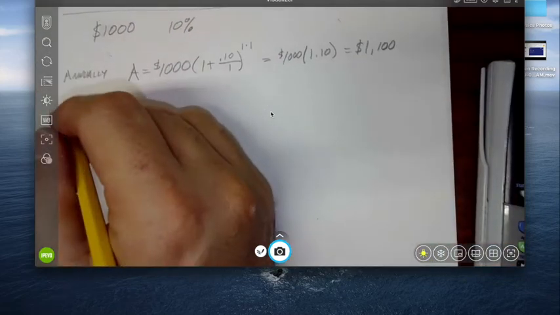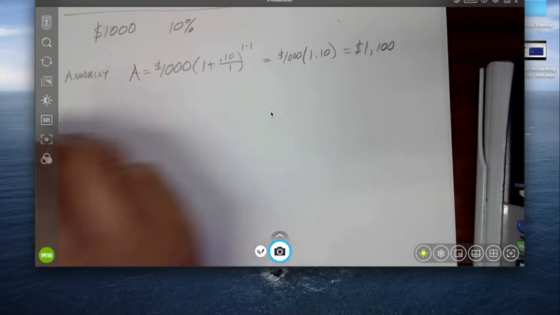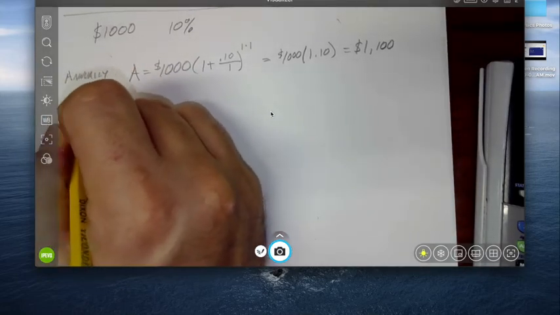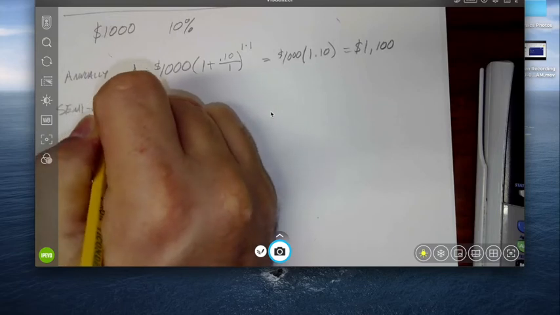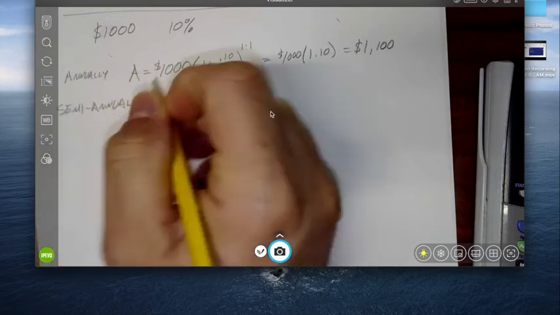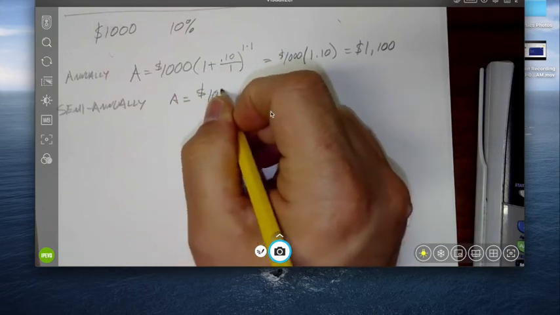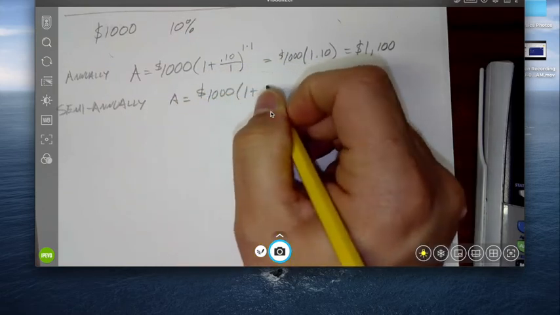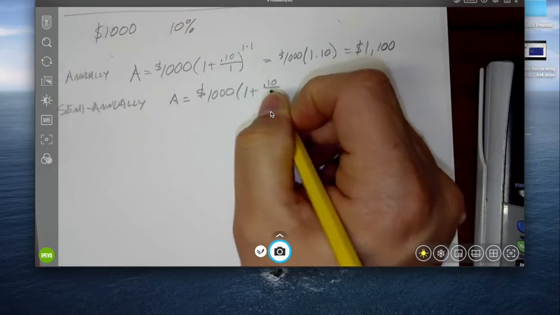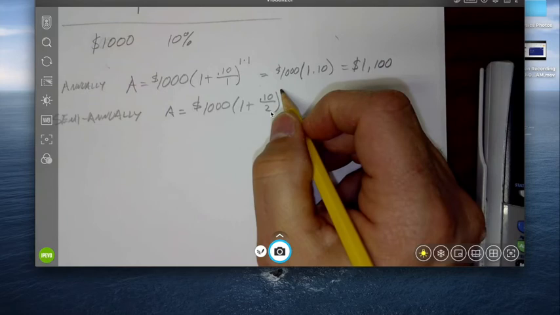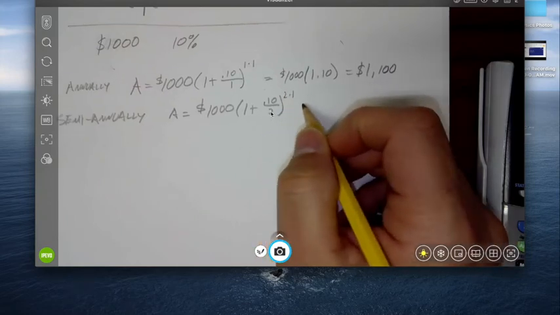All right. It gets a little trickier as we make these numbers a little bigger. So what was next? Semi-annually, I think. Semi-annually means twice a year. So we'll take our $1,000, 1 plus 0.10 over 2 this time, because we're compounding twice a year, and we'll raise that to the 2 times 1.